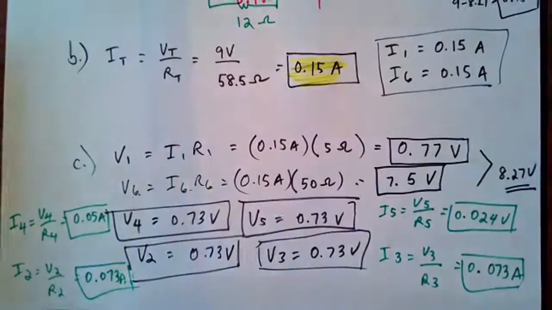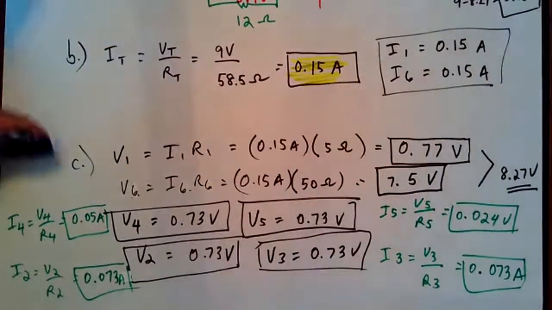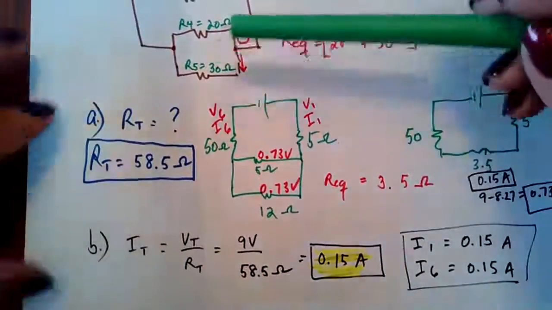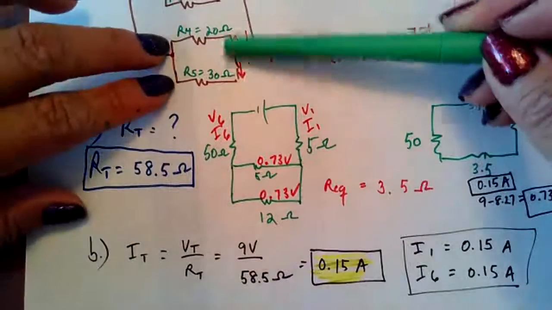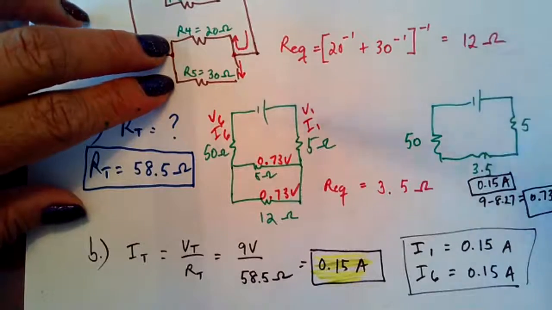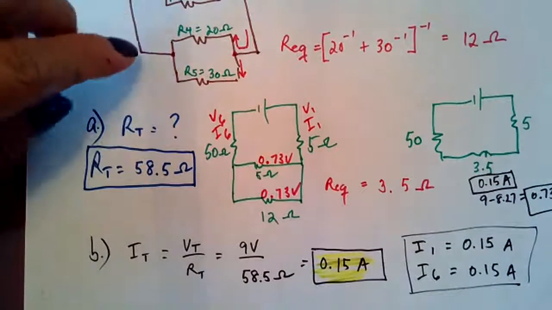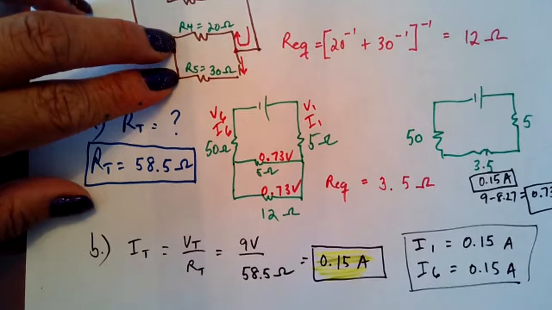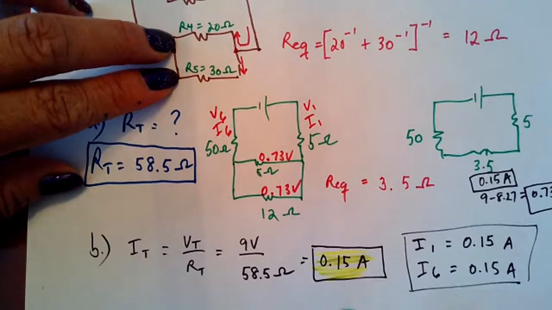So just to double check, you go back to the original diagram. This R4 and R5 are in parallel. They should be receiving a total of 0.15 amps of current.